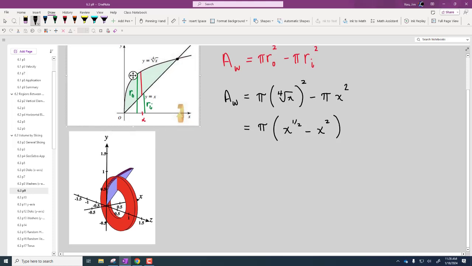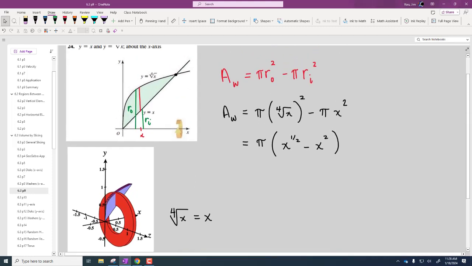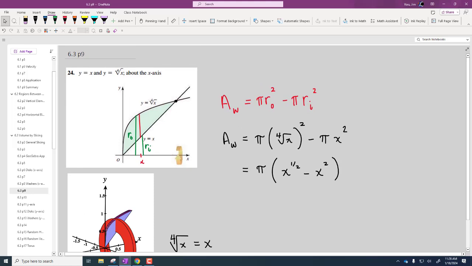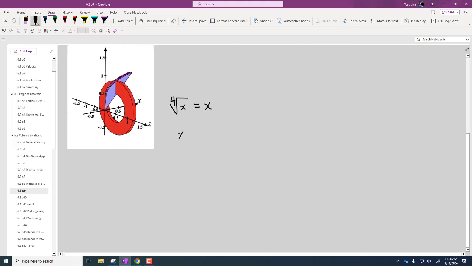If we set these two curves equal to each other, let's just do that to make sure it's clear how you do that. So if we have the fourth root of x, and we set that equal to x, if this is y equals x, we would raise both sides to the 4th power. And then that's a classic nonlinear equation.